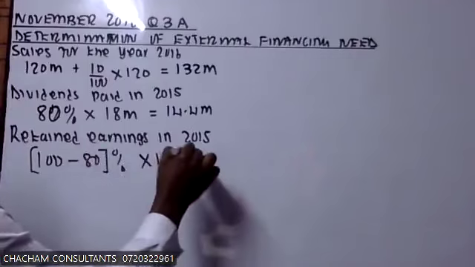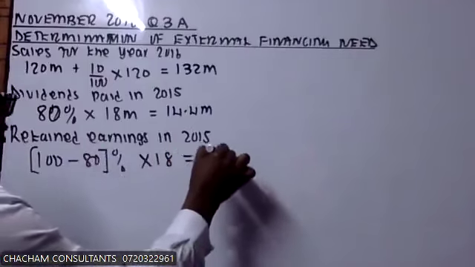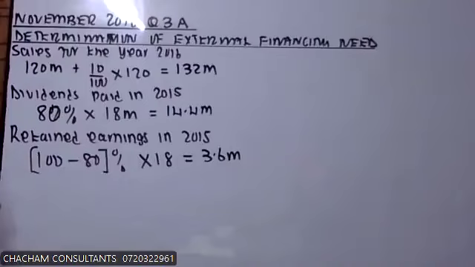So that must be 3.6 million. So that is the retained earnings.